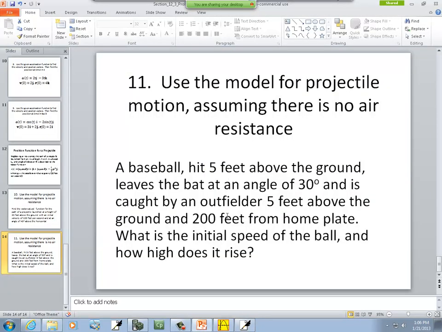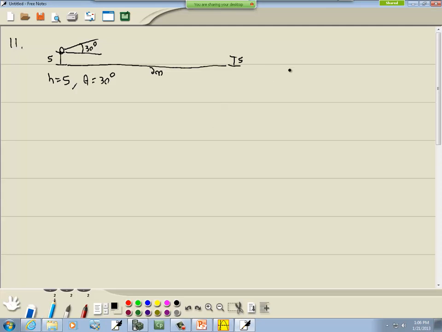What is the initial speed of the ball? So what is v naught? We'll do that first. Okay. Now our formula. This is a position vector.